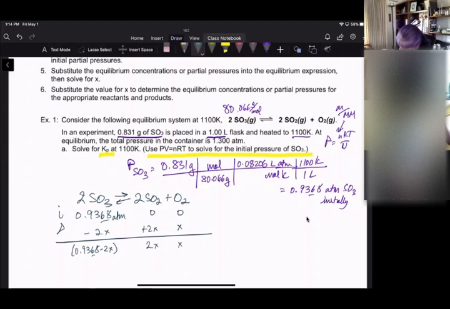All right, we've got a total pressure. Right, and this is at equilibrium.